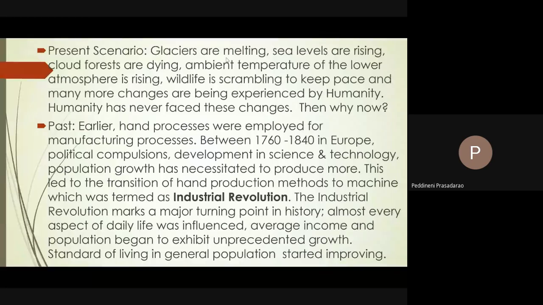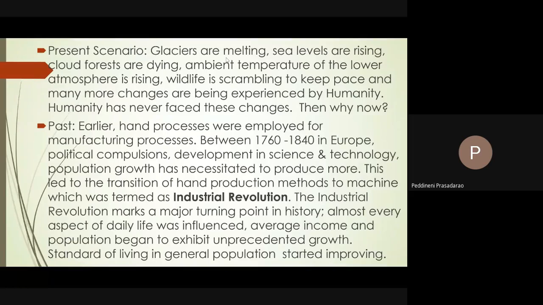But between 1770 and 1840, especially in Europe, especially in Great Britain, there were political compulsions, development in science and technology, population growth, and of course other things. Population growth necessitated producing more. There were mostly political compulsions, and we started looking at science and technology.